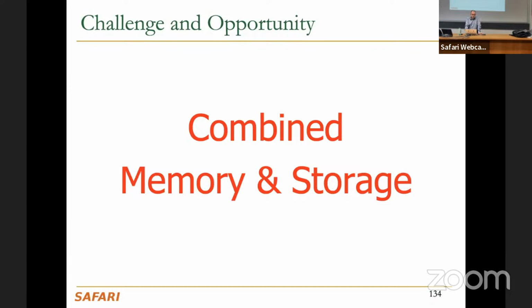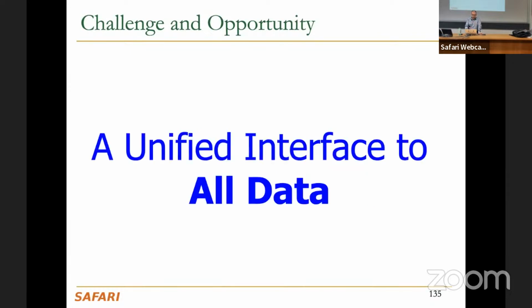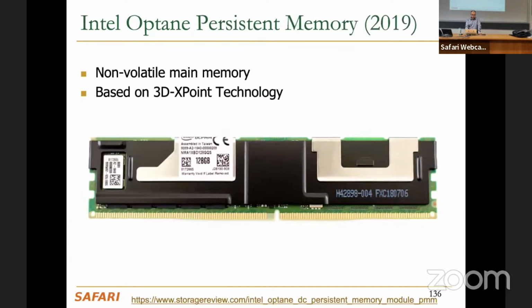These are the challenges and opportunities that we also discuss here, like combined memory and storage in a unified interface to all data. And industry has done work on it. I have shown this slide multiple times today, but with Optane memory, people have shown how they can insert it as one of the DIMMs of the system, and you can see that it's basically like DDR DIMMs.